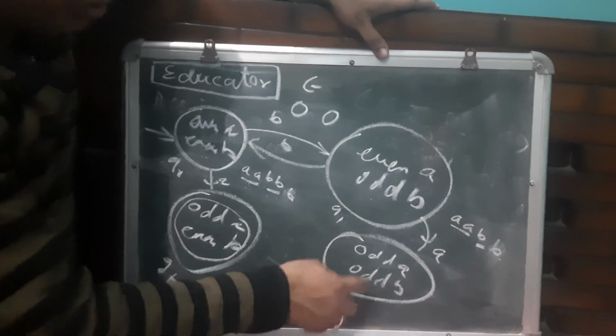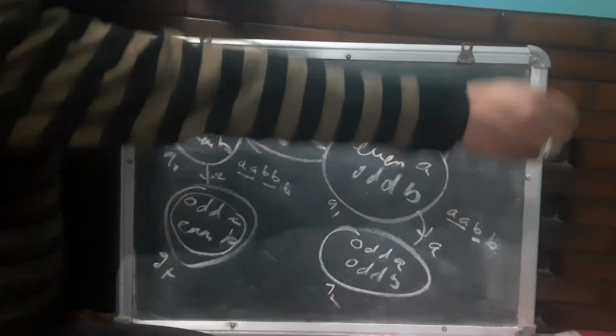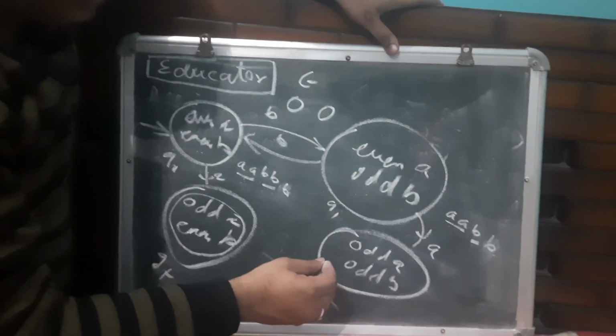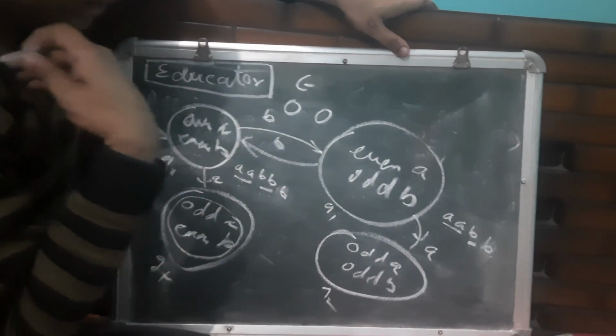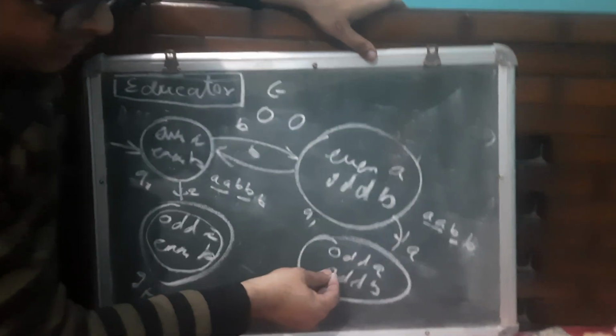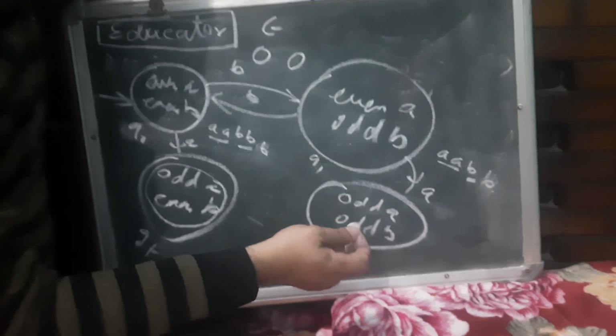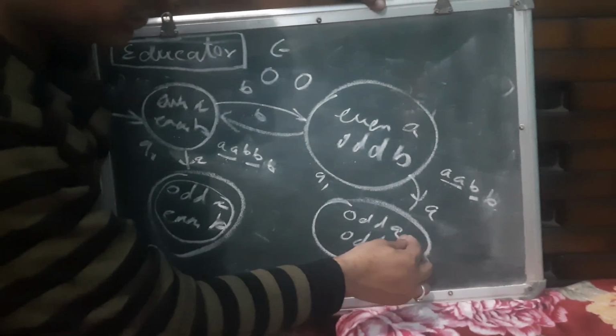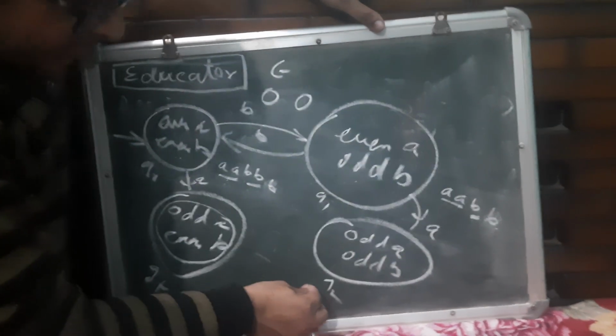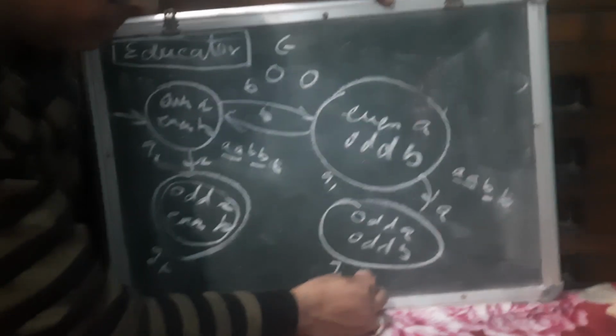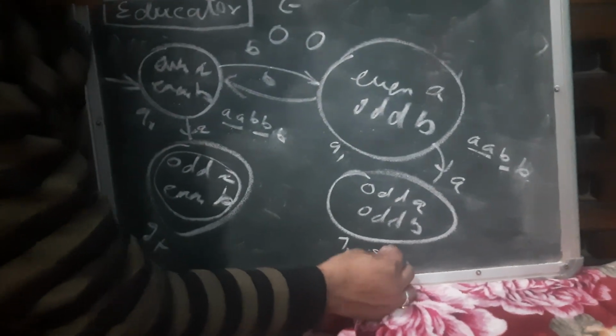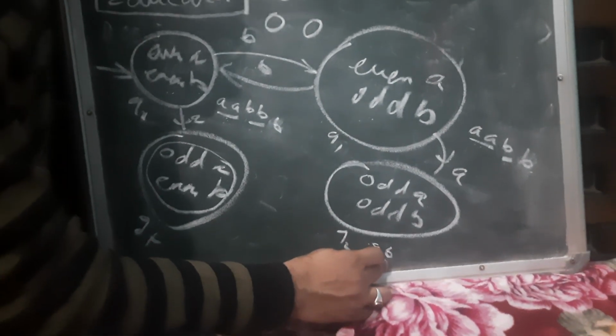Let us come on to this state. Now, if you have grasped the concept, then you would have understood that we alternate the configuration of the individual symbols. Now, odd A, odd B. Let us take one more example, one sample string of this configuration: A, B. A count is 1, B count is 1.